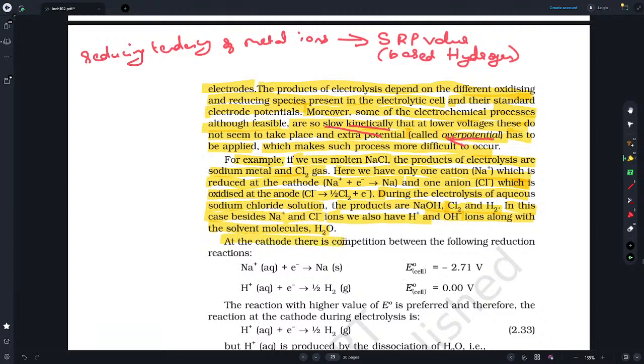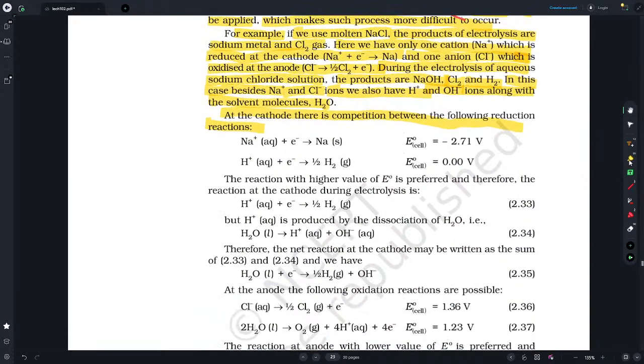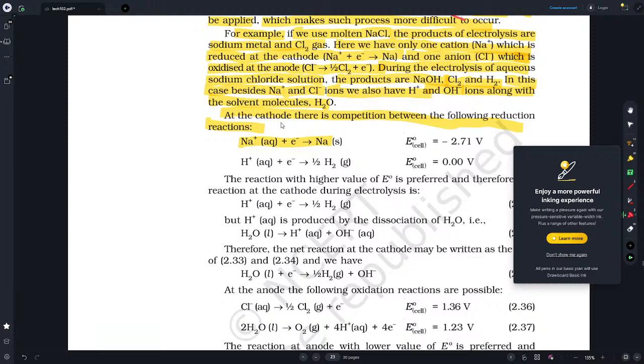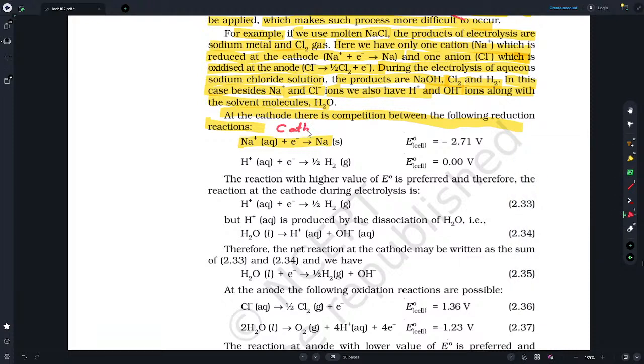At cathode, there is competition between the following reduction reactions. Only at cathode, you see that Na+ plus e- gives sodium metal.